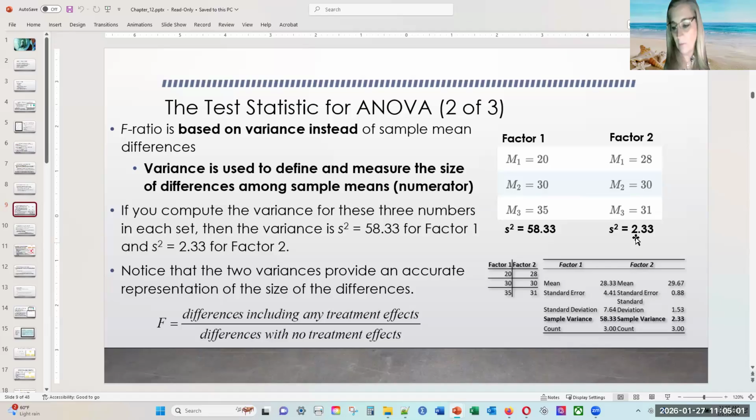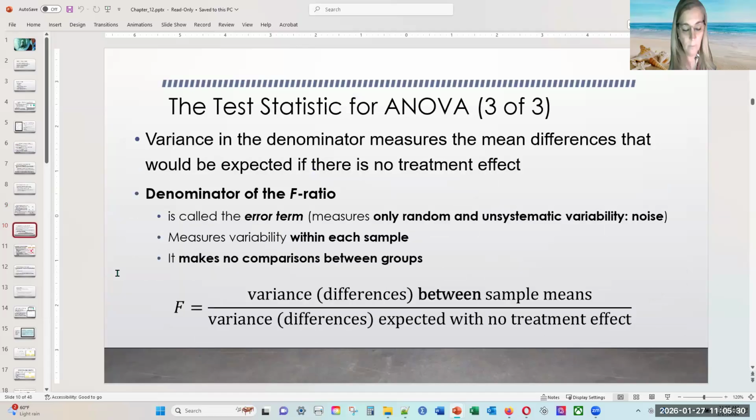And if I do the same for the other, it's 2.33. If you look at the numbers just visually, you can see there's a bigger difference between 20, 30, and 35 when compared to 28, 30, and 31. It's smaller. So you can already start to see, yes, there is a difference between these groups, although we haven't stated which groups are different from others, right?